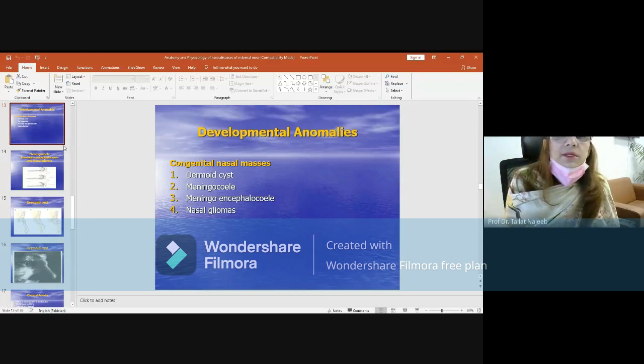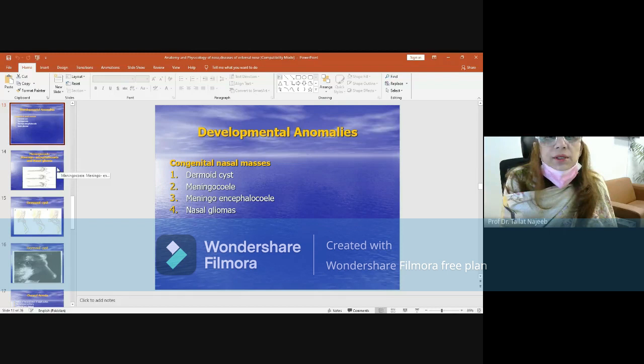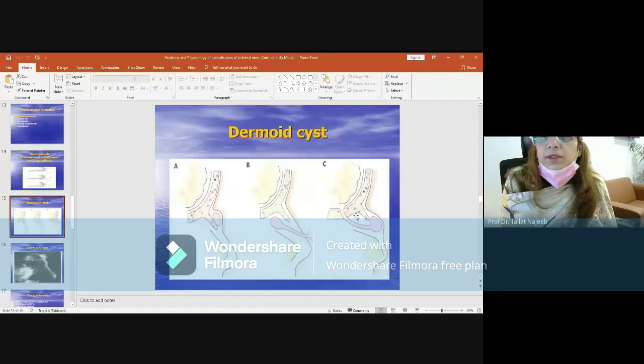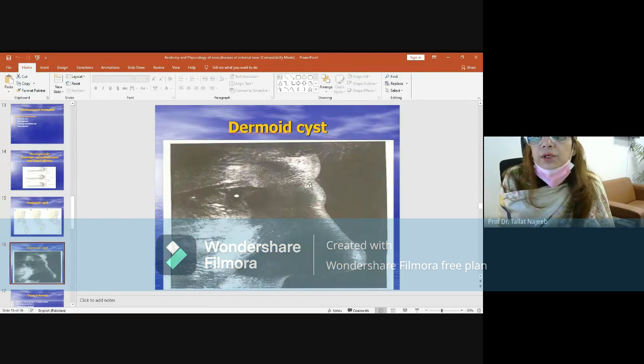And this invagination later on will present as a cyst, and this cyst can have connection with the intracranial cavity. Sometimes it is present externally, sometimes it forms a sinus over the skin. So it may present with a sinus or swelling over the bridge of the nose.